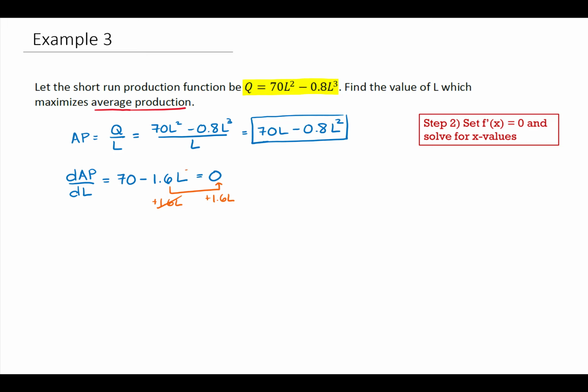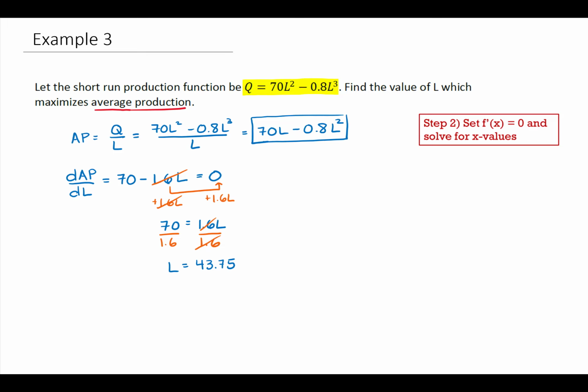So that 1.6 L cancels out on this side. I get 70 is equal to 1.6 L. I then divide both sides by 1.6 so that the 1.6 cancels out. And I'm left with L is equal to 43.75. So this is the L value at which I will have my first derivative equal to 0.